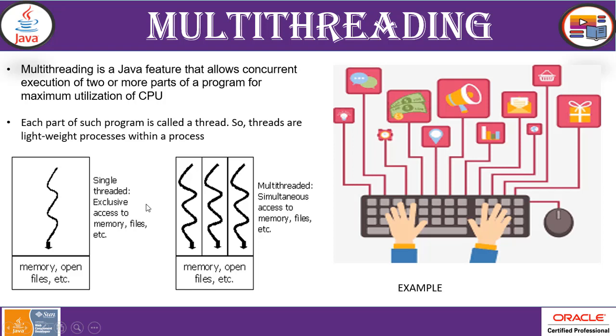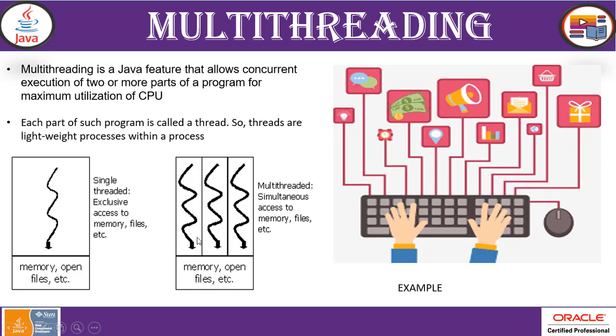Now, when we have a single-threaded program, it has exclusive access to memory, files, etc. So what is happening? It is taking the entire heap memory to process the entire thread. Now, suppose you have multi-threading. You have a document writer, a PDF reader, and an audio player thread.